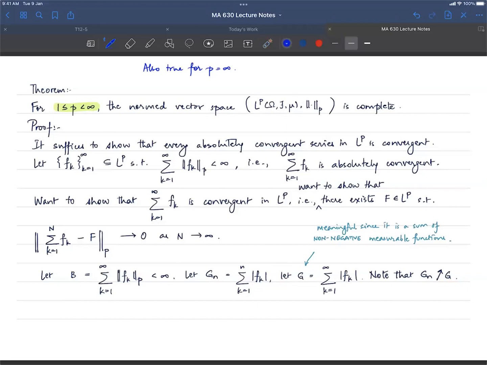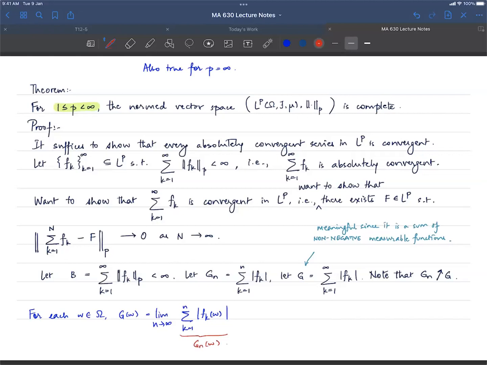Okay, let me make a note. For each omega in Omega, by definition, G of omega is the limit as n goes to infinity of the sum k going from 1 to n of the absolute value of f_k of omega, but this is just G_n.